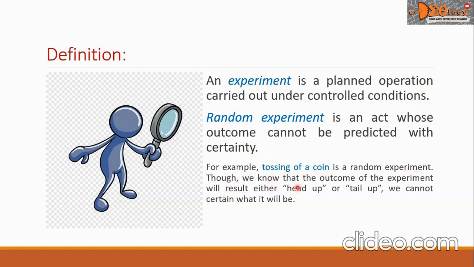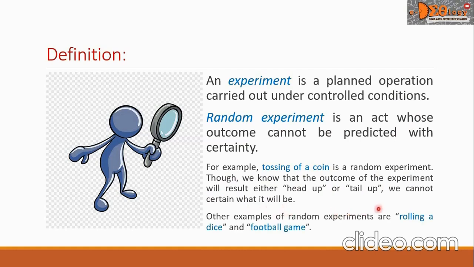Though we know that the outcome of the experiment will result either head up or tail up, we cannot be certain what it will be. Other examples of random experiments are rolling a dice and a football game.